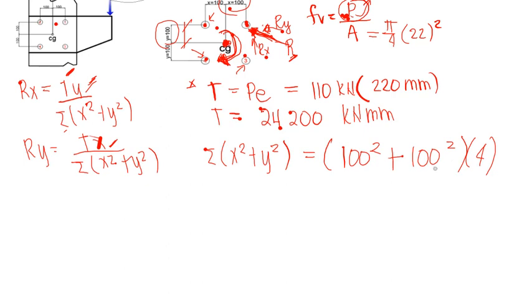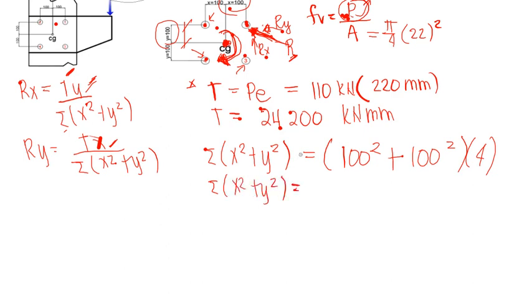So, pag magkakaiba yung x and y niya dito, isa-isahin nyo siyang kunin at i-add or i-summation. Ito kasi pare-parehas yung x, pare-parehas yung y, kaya minultiply ko na lang ng 4. Pero pag magkakaiba yung distances niya, kailangan nyo siyang isa-isahin i-add. So, using your calculator, masosolve natin yung summation of x squared plus y squared.